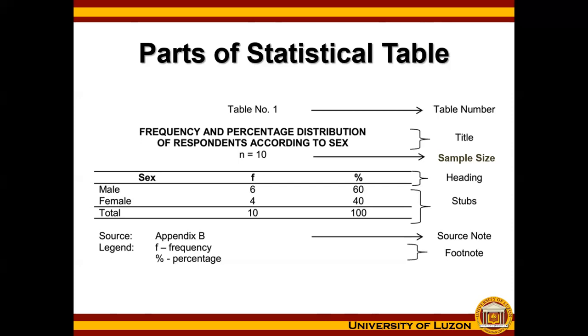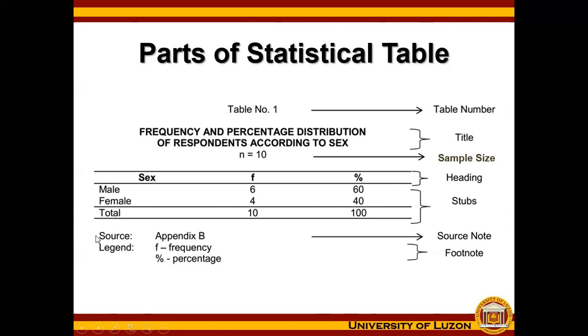And then we have the entries, observing the heading that you have on the first row, and these are what you refer to as the stubs. So the stubs are the entries that you have under the heading.